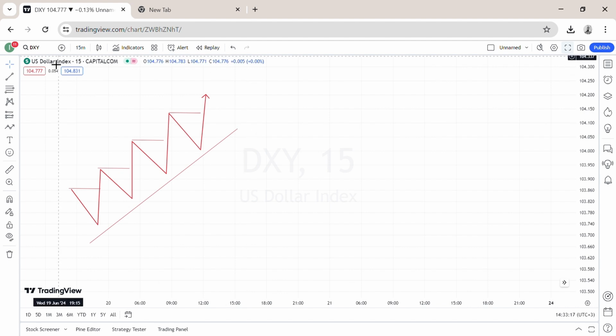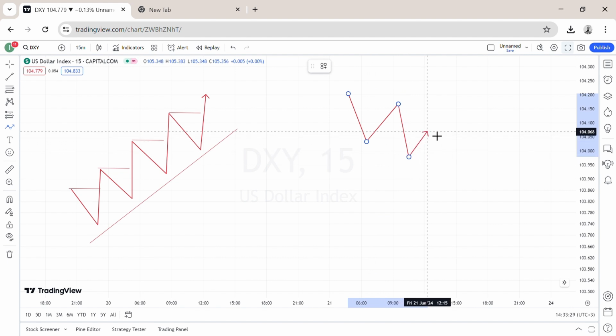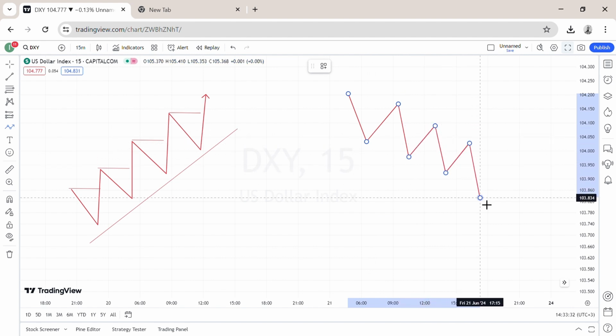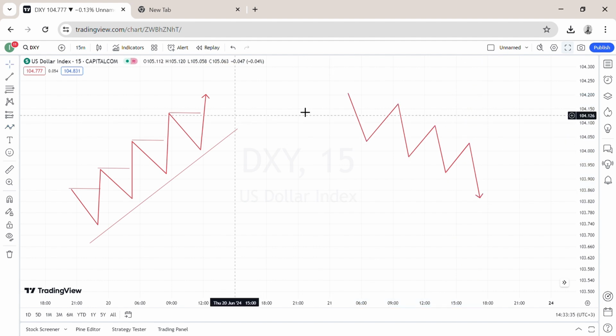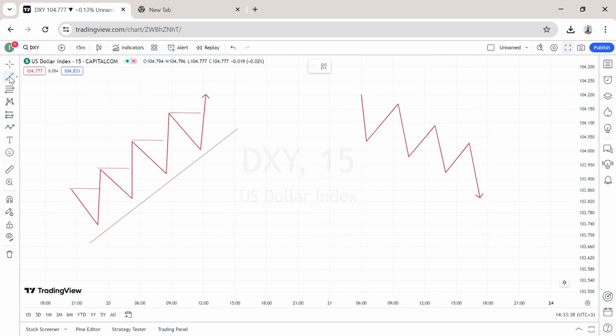And for a bearish movement, it's just the opposite of that. So it's just going to go like this, like this. This is a continuous break of structure to the downside. And why do I say that?